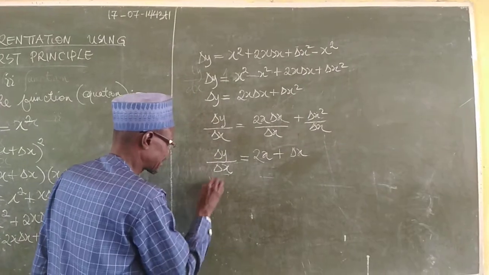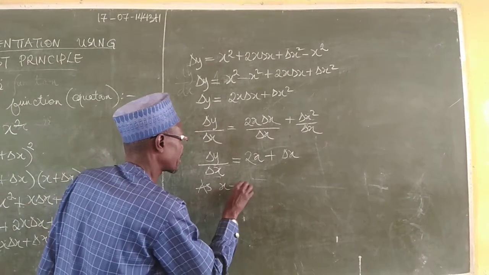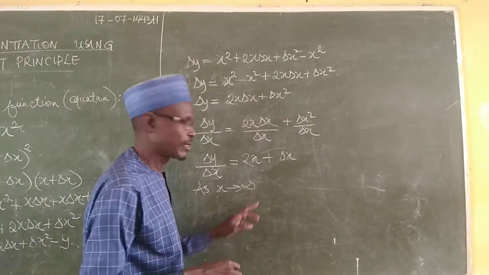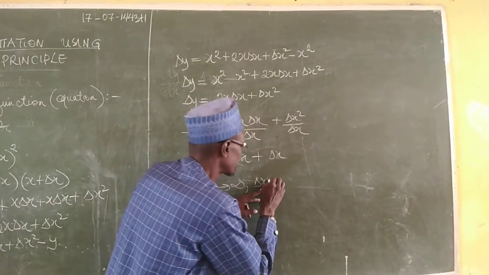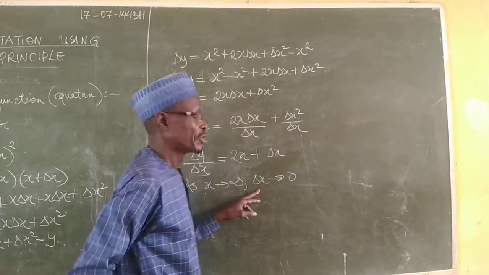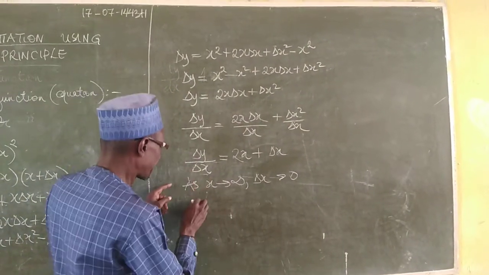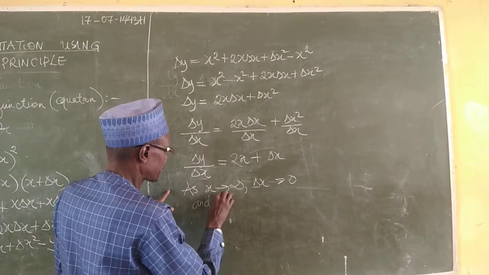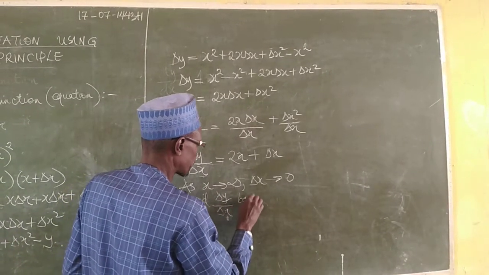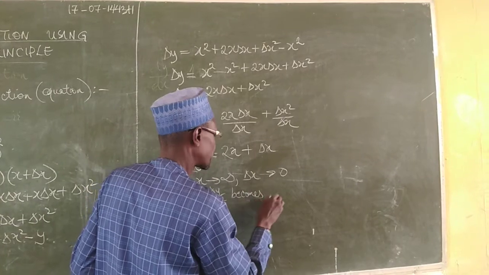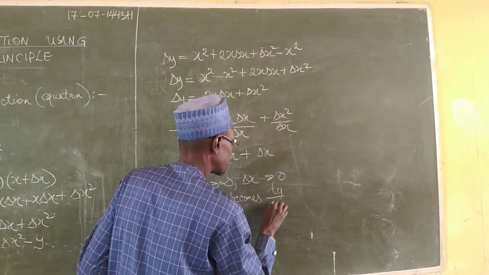Now, as my del x approaches a very small number, 0, then automatically that small increment del x will approach 0. And my del y over del x becomes considered as dy dx.